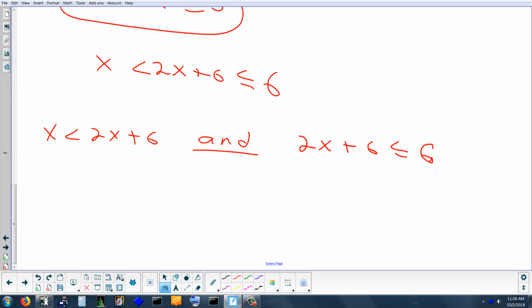Or, on your calculator, graph what's on the left in y1, graph what's in the middle in y2, graph what's on the right in y3. And what you'd be looking for is where your y2 graph is sandwiched between the y1 and y3.